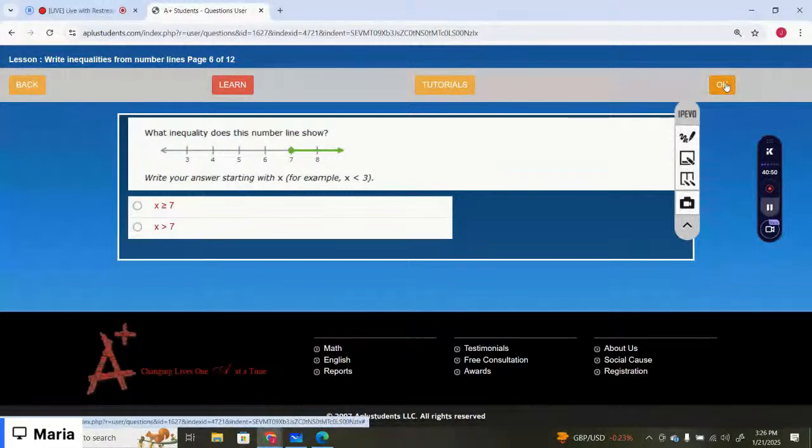That is x is greater than or equal to 7. Option number 1 is the correct option.